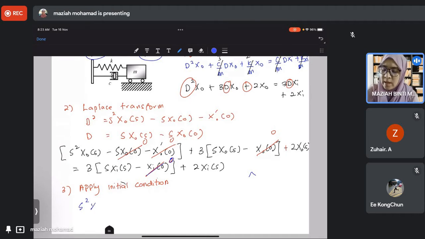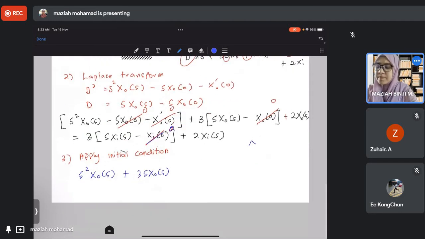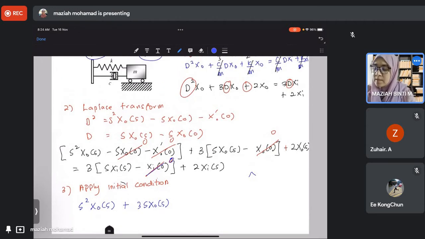s squared X naught(s), okay, plus 3s X naught(s), plus 2 X naught(s) equal to 3s Xi(s), okay, plus 2 Xi(s).